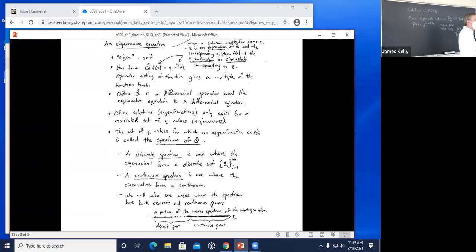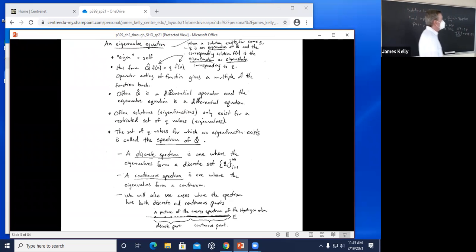The allowed values of Q is the spectrum of that operator. So here, if we're solving the time-independent Schrodinger equation, the spectrum of E values, that's the eigenvalue here, the collection of E values for which the solution is normalizable is called the energy spectrum.